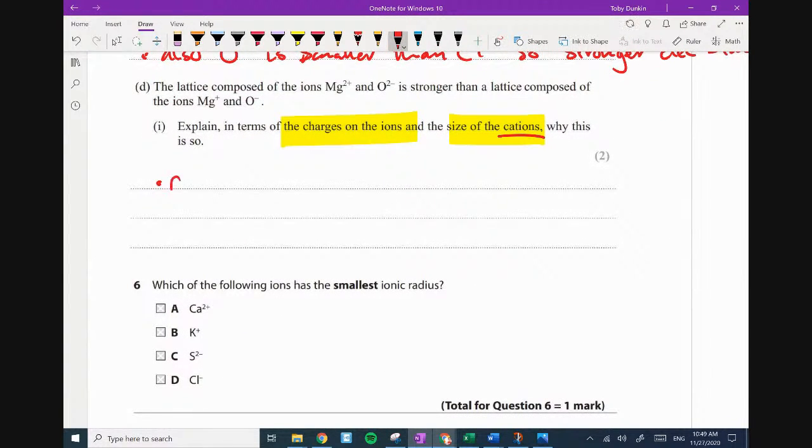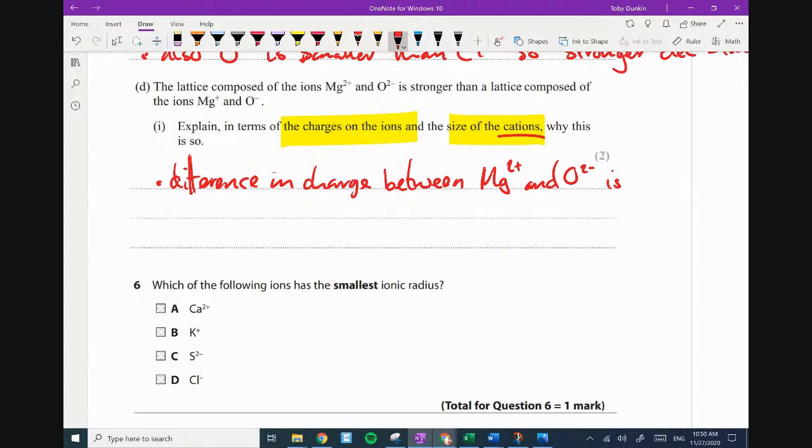So difference in charge between Mg2+ and O2- is larger than Mg+ and O-. Stronger electrostatic attraction.